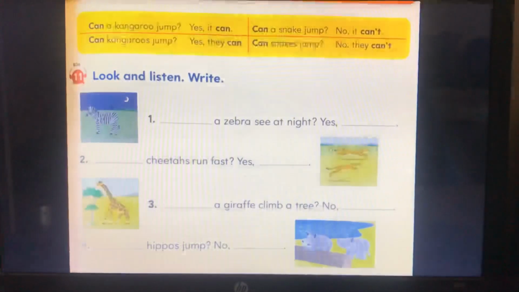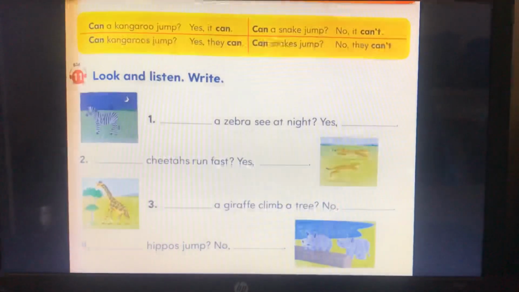Looking at number 1, we can see that the answer is positive, so that belongs to the positive question. We will be using can. That's correct, guys. Very good. So, let's read number 1 with the correct answer. Can a zebra see at night? Yes, it can. Very good job, guys.